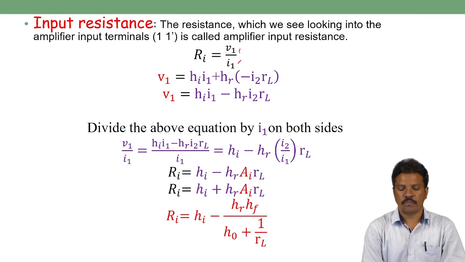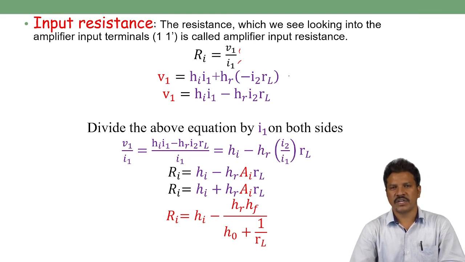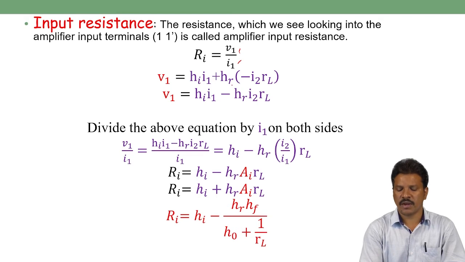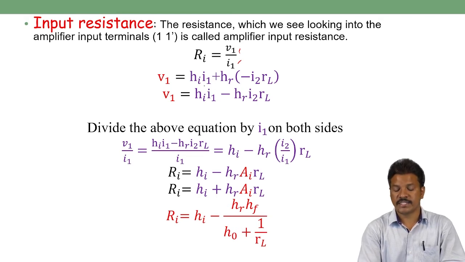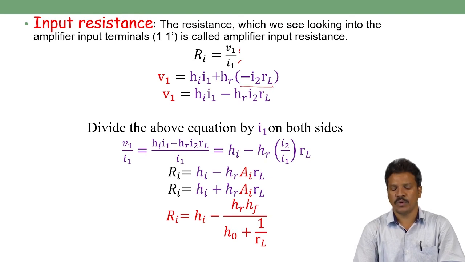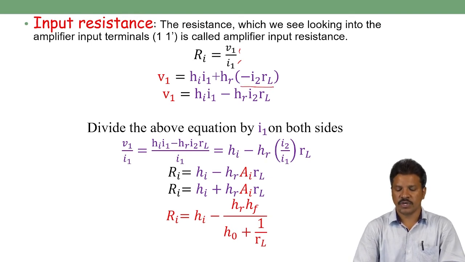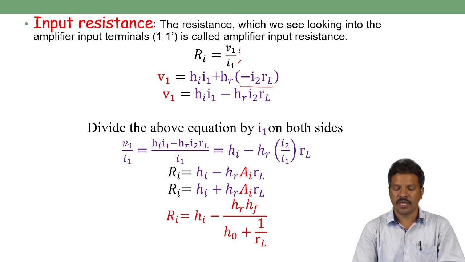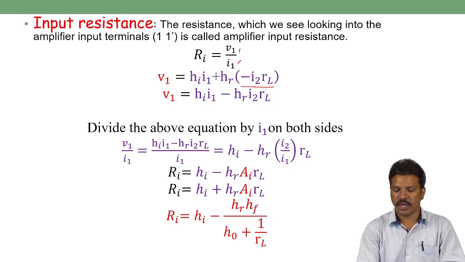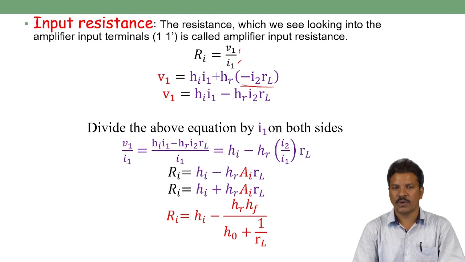So in order to obtain the input resistance, consider the fundamental equation of the H parameter model: V1 is equal to HI I1 plus HR V2. We have a formula for V2: V2 is equal to minus I2 into RL. So in order to get this entire equation in terms of V1 and I1, we replace V2 with minus I2 into RL.